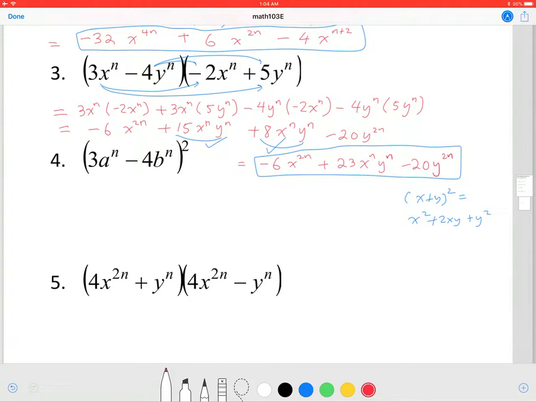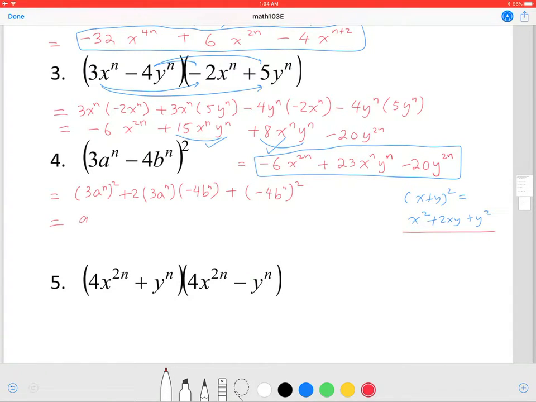All right, so according to this, it tells me to square the first term plus 2 times the first term times the second term, and plus the second term squared. I'm just using this formula straight out. Okay, and let's clean this up.